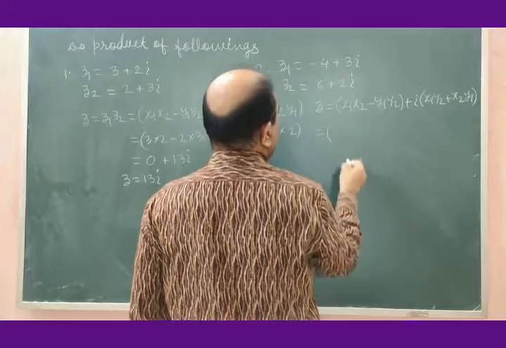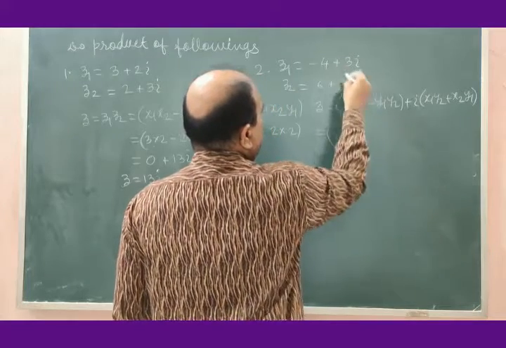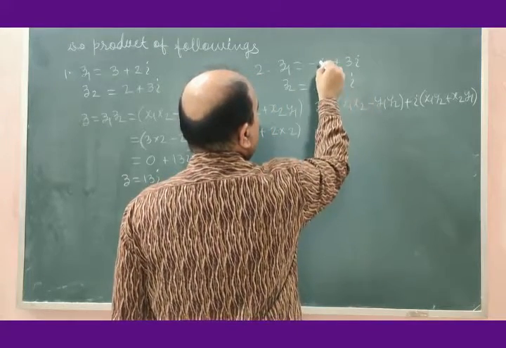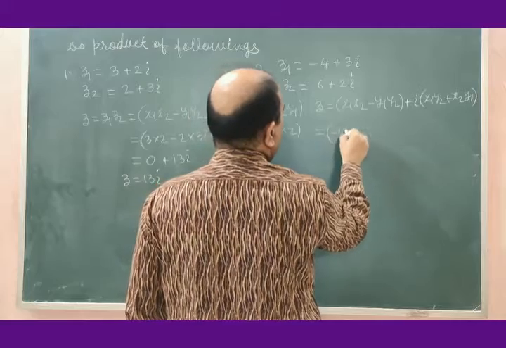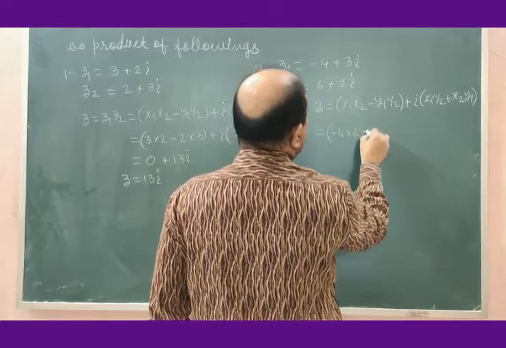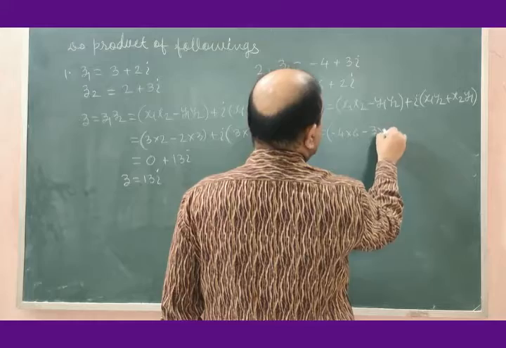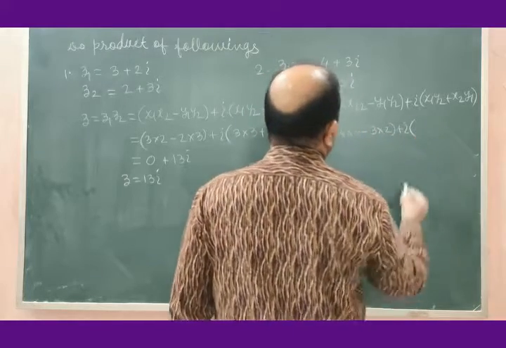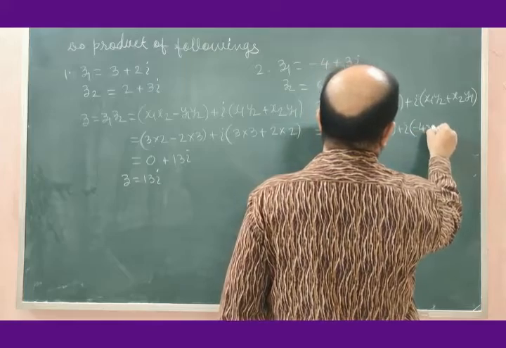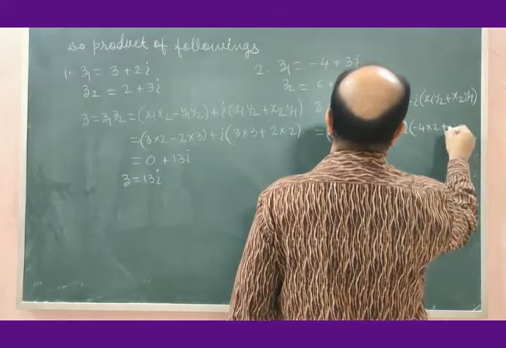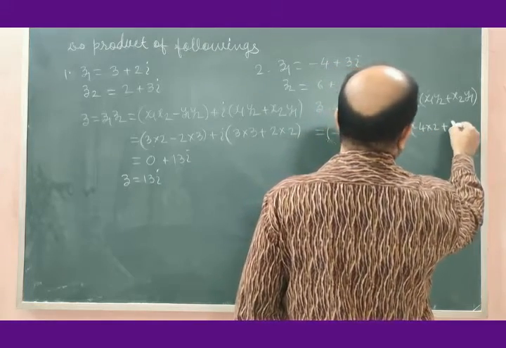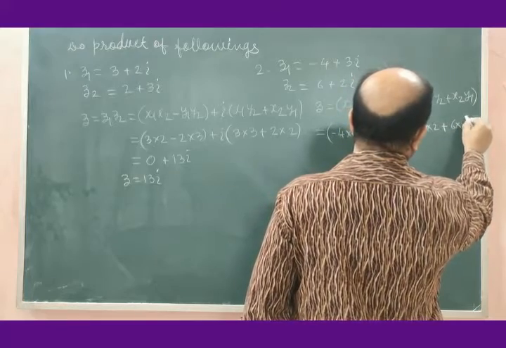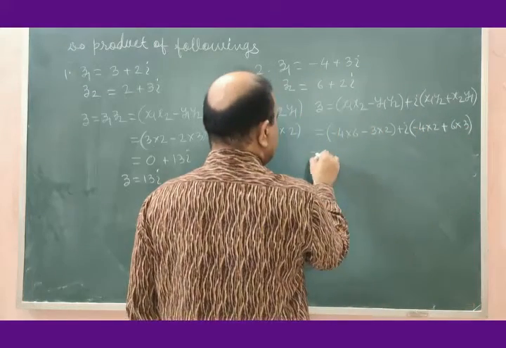This is equal to minus 4 into 6 minus 3 into 2 plus i into minus 4 into 2 plus 6 into 3.